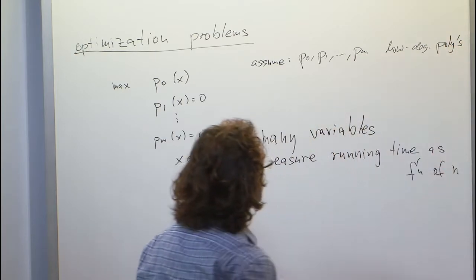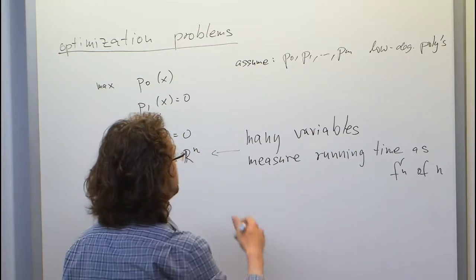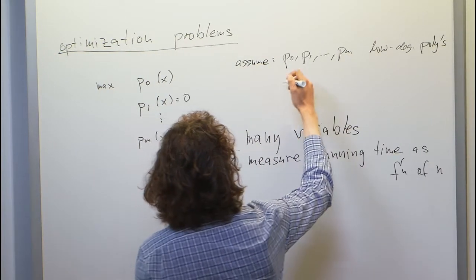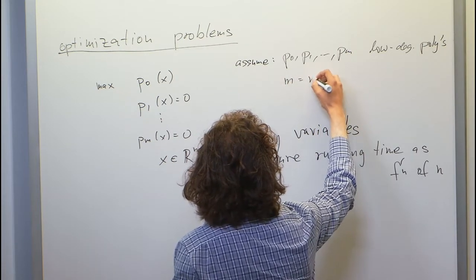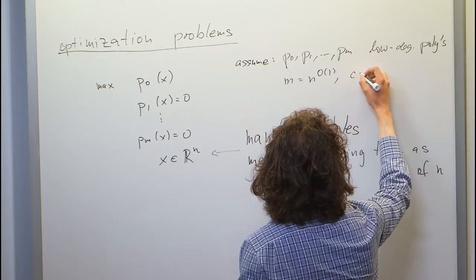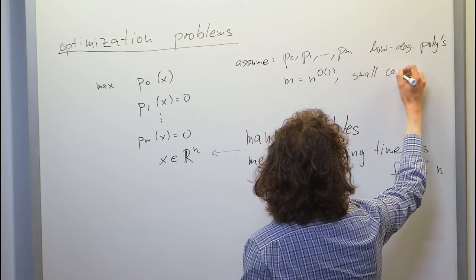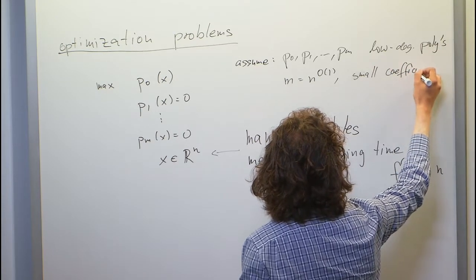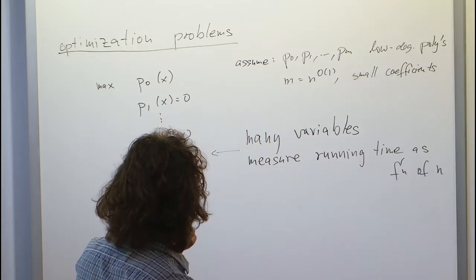It could be degree 2 or degree 4, so really just a constant degree. The number of constraints will be small, and the coefficients will be small. So that's the basic setup.